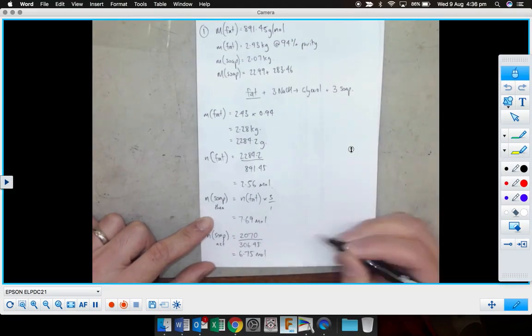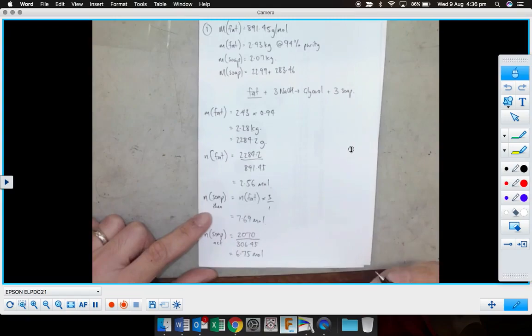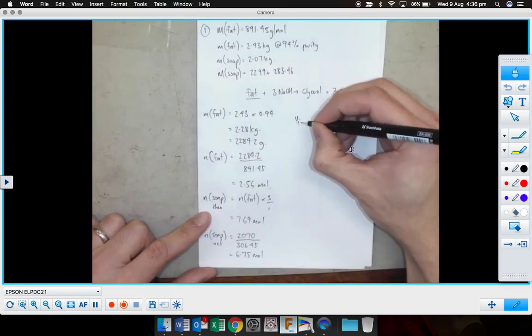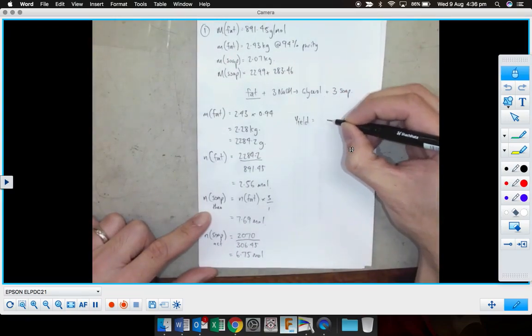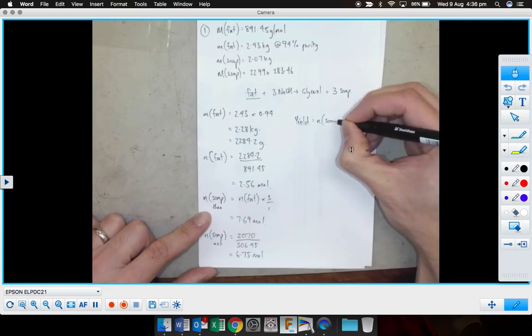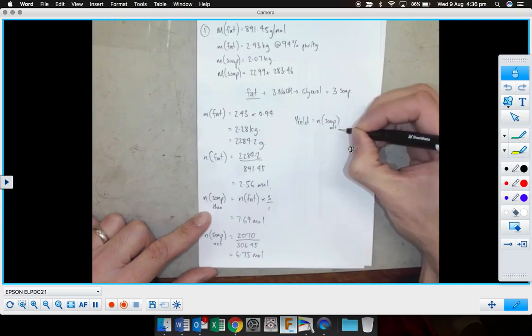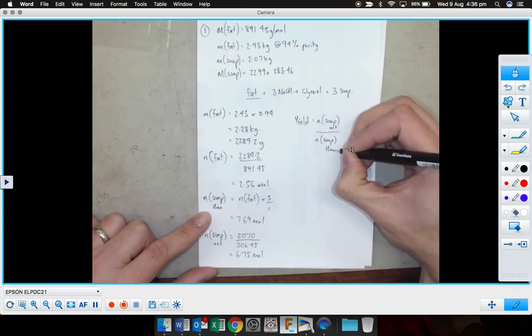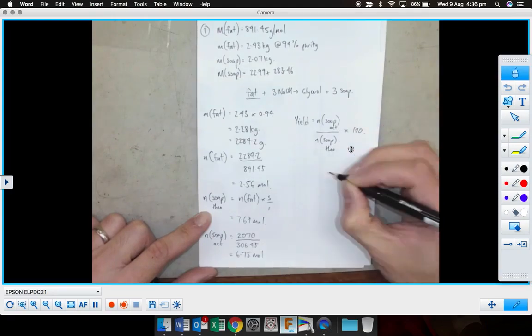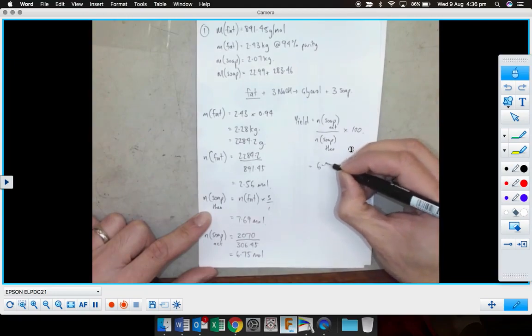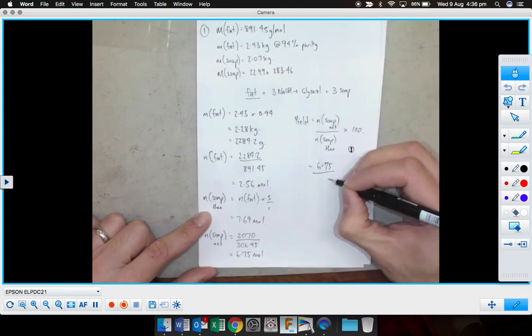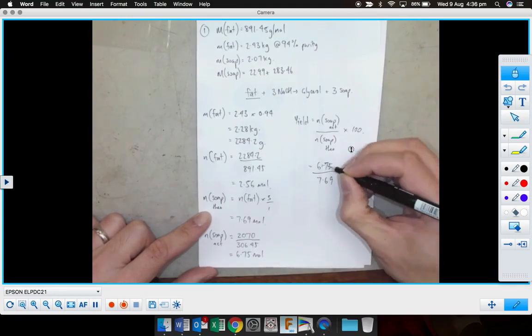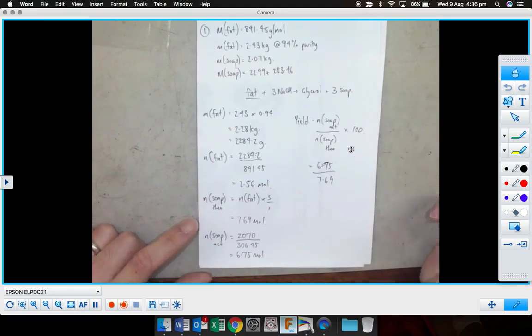Which then happens to be 6.75 moles. So now we need to do the equation. The yield will be equal to the number of moles of soap actual over the number of moles of soap theoretical times 100. Okay, so it's 6.75 over 7.69, and I hope that you are using your calculators to save your numbers.